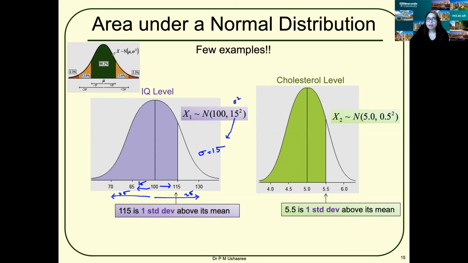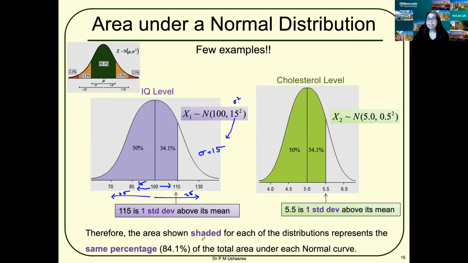From our empirical rule, we can see clearly that the area in the shaded region for both is the same. The area shown shaded for each distribution represents the same percentage of the total area under each normal curve, because as you can see, this is 68.2. 50% of the data lie below the mean, below 100, and 68.2% lies within the first standard deviation.